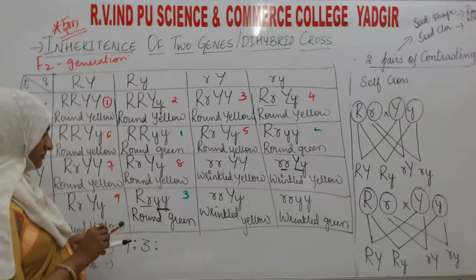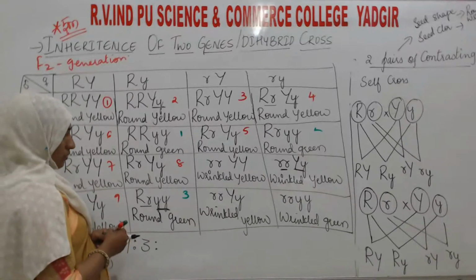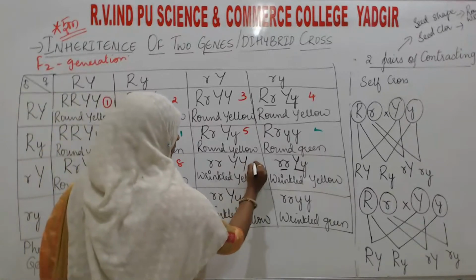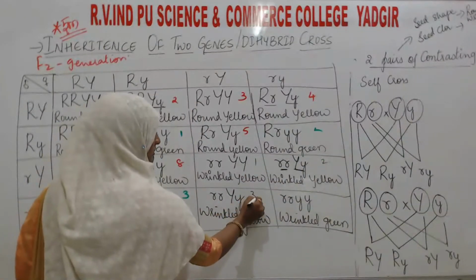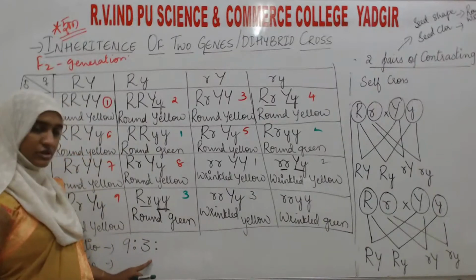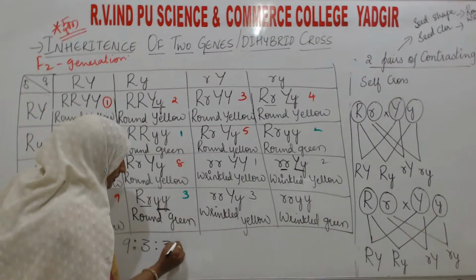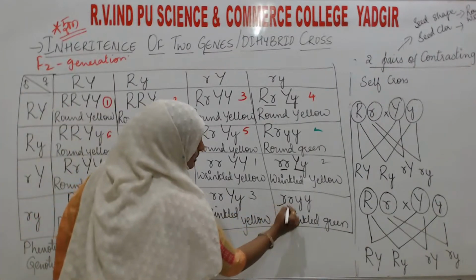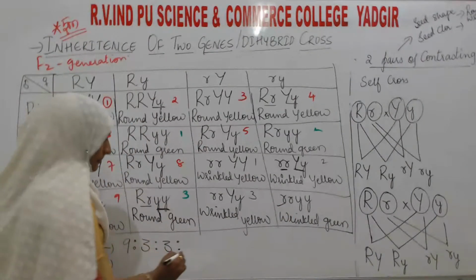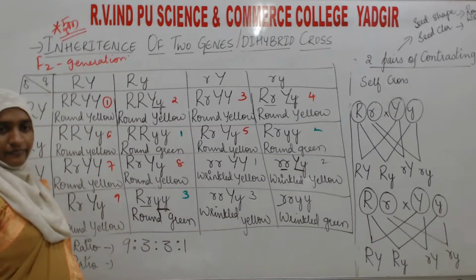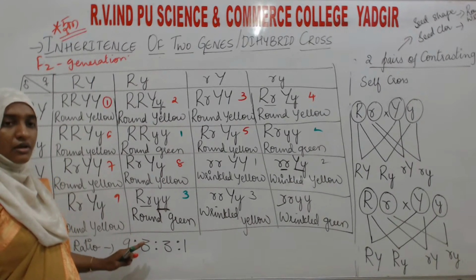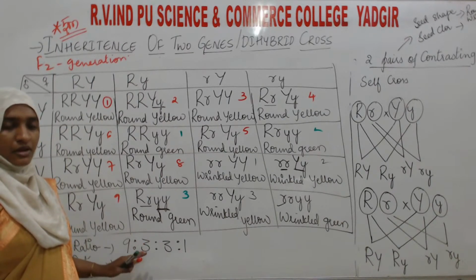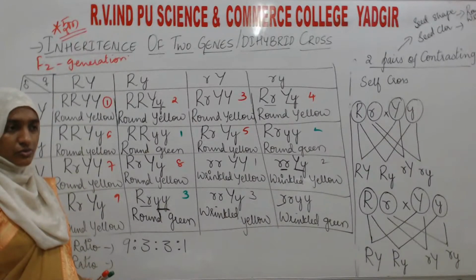The next one, wrinkled yellow. Wrinkled yellow 1, wrinkled yellow 2, wrinkled yellow 3. 9:3:3. Then the remaining one is the wrinkled green. Only one is there, 1. Okay, so this is about the phenotype ratio. Next comes the genotype ratio.